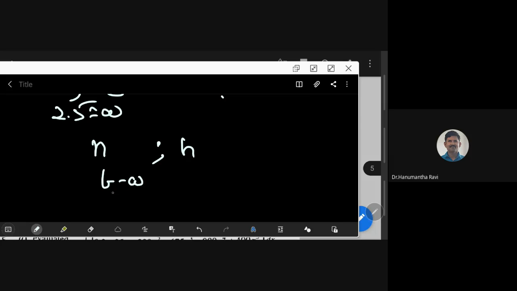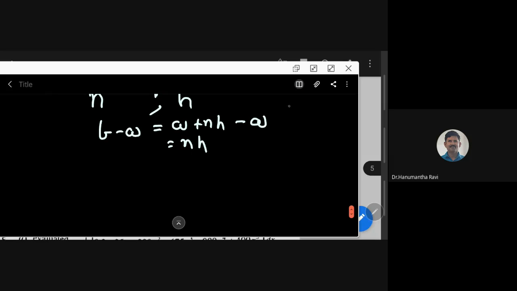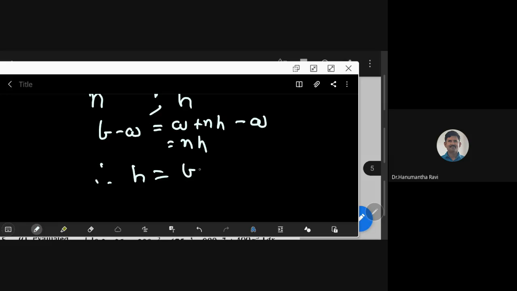We divide b minus a into n parts, so a plus nh minus a becomes nh, because we are doing n subintervals. Therefore, h is equal to b minus a by n.